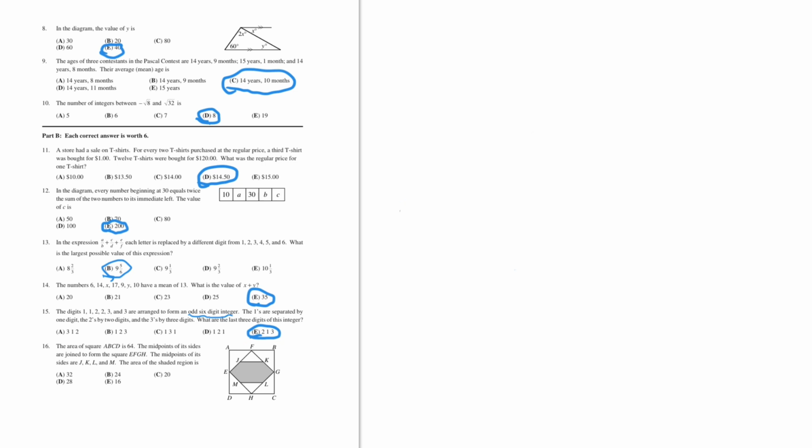Number 16. The area of square ABCD is 64. The midpoints of its sides are joined to form the square EFGH. The midpoints of its sides form JKLM. The area of the shaded region is?